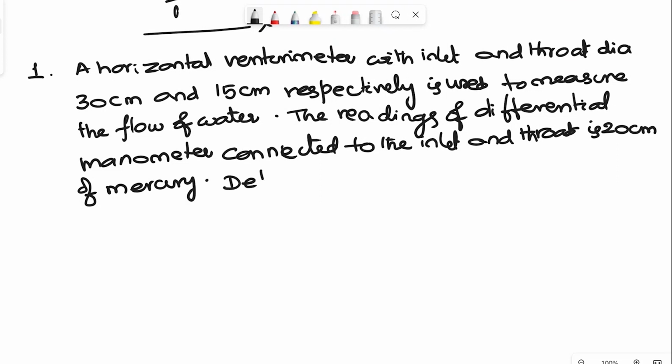Determine the rate of flow. CD is equal to 0.98.